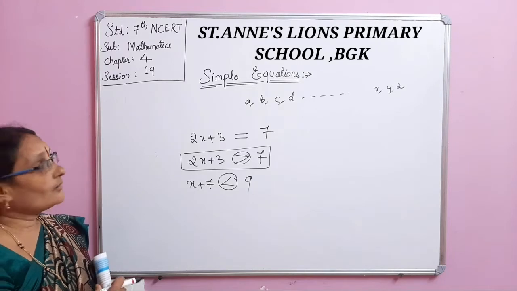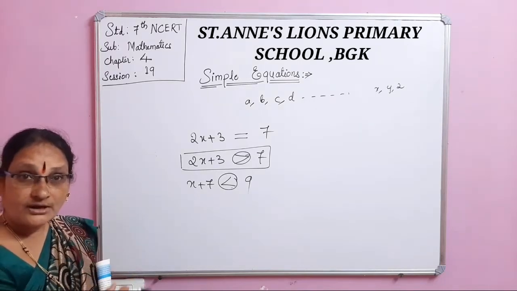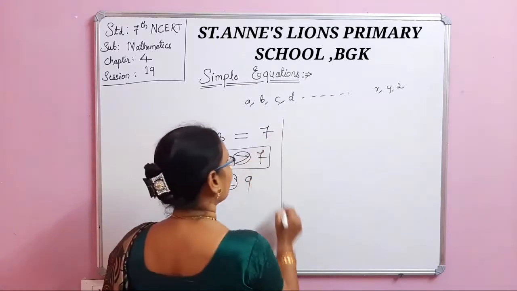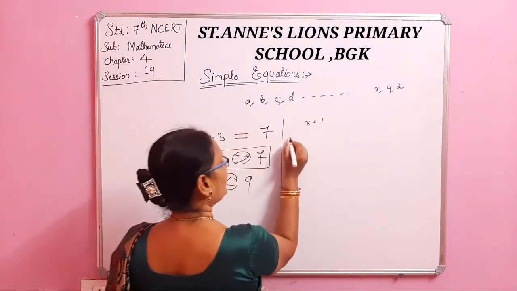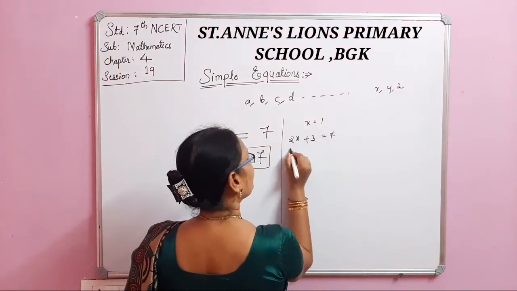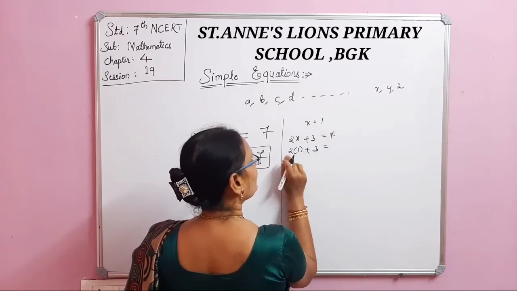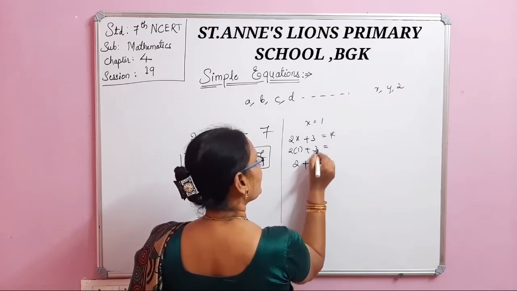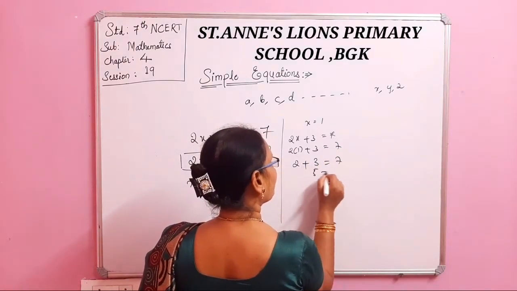Now, how do we find whether the LHS and the RHS are equal or not? We will see now. In 2x plus 3 equal to 7, first we put x equal to 1. Here in place of x we put 1. What happens? 2 ones are 2 plus 3 is 5.